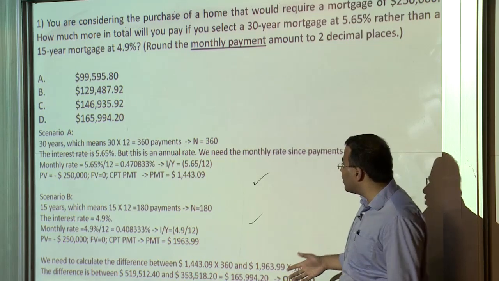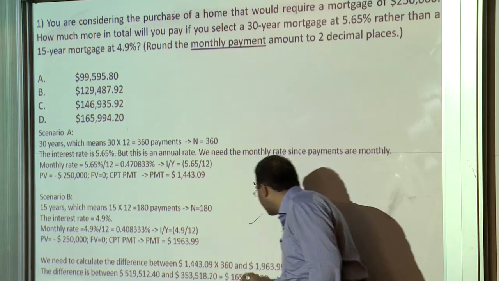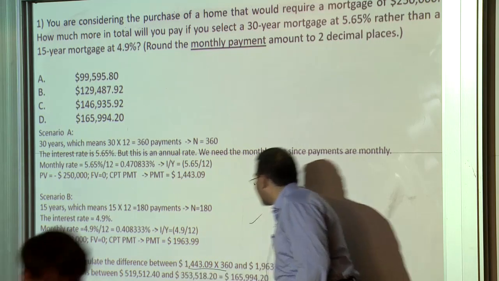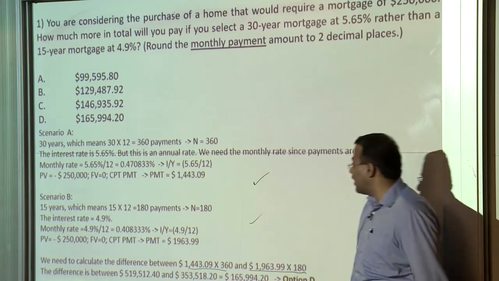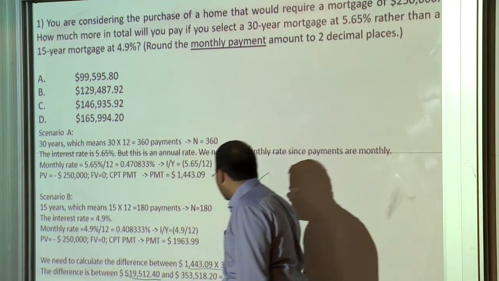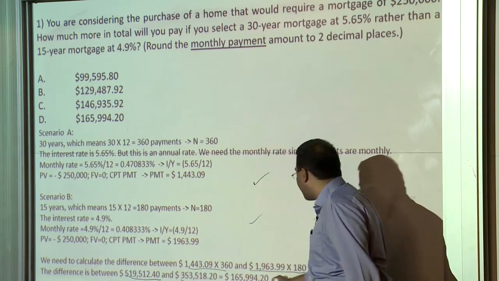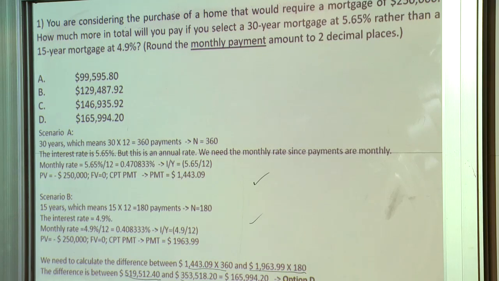So the difference between these two numbers is simply this multiplied by 360, and this amount multiplied by 180. You can put these on your calculators. The first number should amount to this much, the second number should amount to this much, and the difference is this number here. That's option D on our choices.